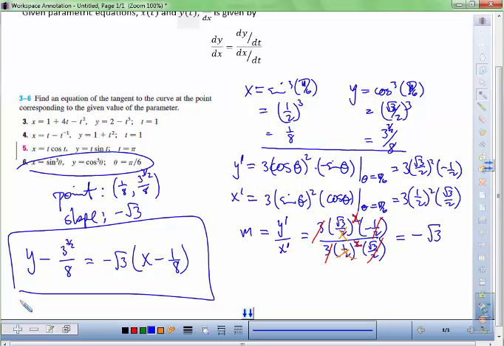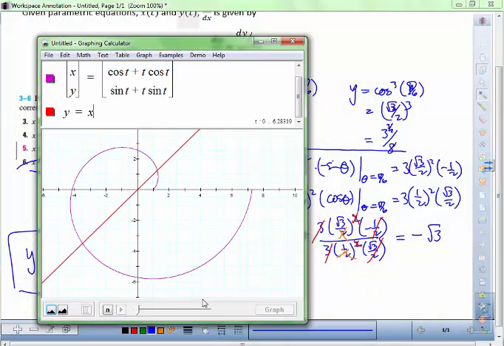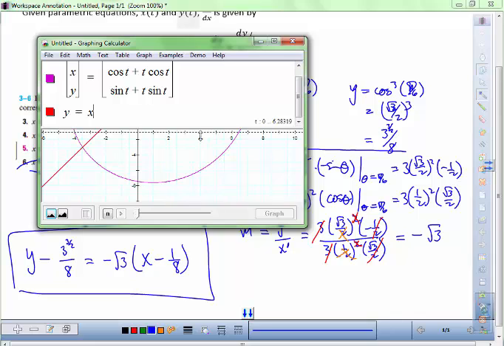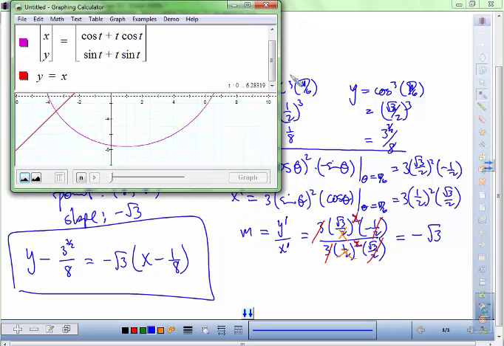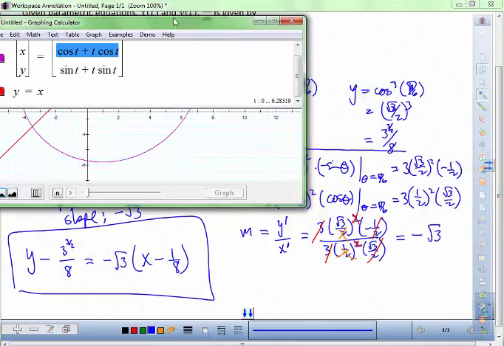It's always good to check to make sure we did this correctly by looking at a picture of it. Let's see if we can look at a picture of it. First, we have to make sure that this point is on the graph. Well, first we should probably draw the graph. Which one was first? The sine was first.